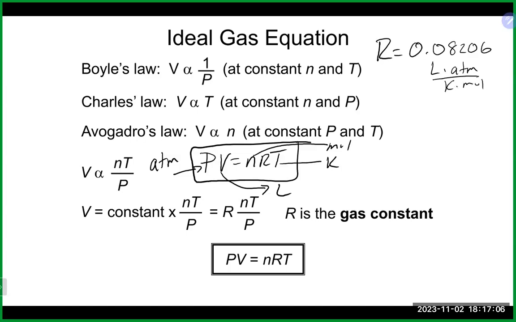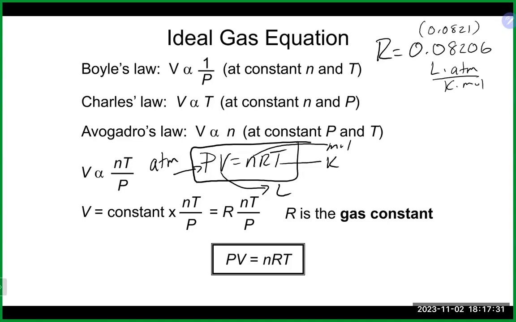So the gas constant itself has all those units, and the good news is it will probably be given to you, so you can always look at the units there and know what everything else in the ideal gas law should be. I personally use this number for R. Some books will round it and use 0.0821, which is fine as well.